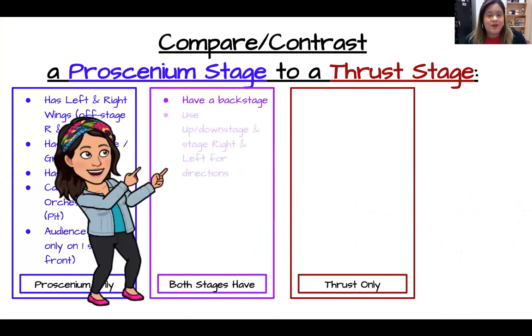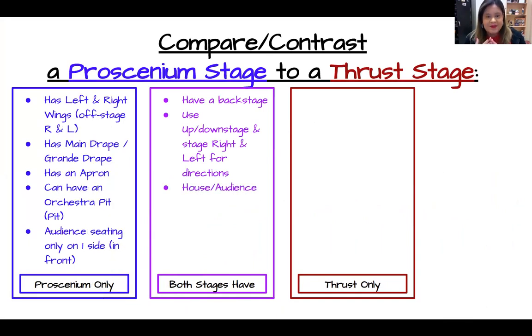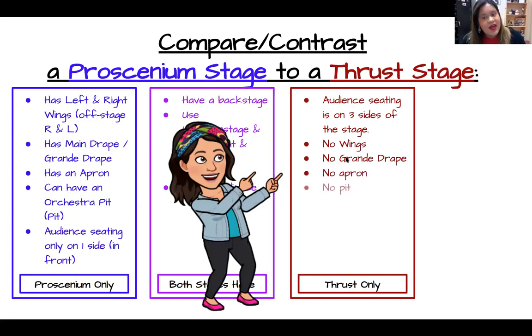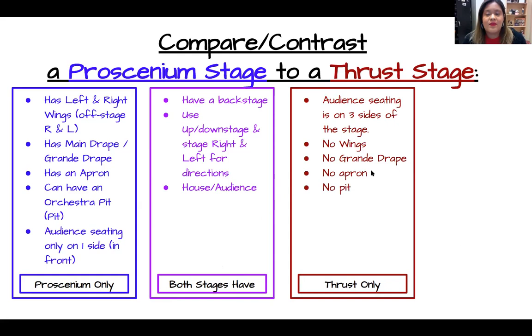Both of them are going to have the same stage directions and a backstage and an audience. And a thrust by itself, what makes it really different from a proscenium is you will have audience on three sides of the stage. You will not have the backstage areas. You will not have a grand drape, no apron, and no pit.